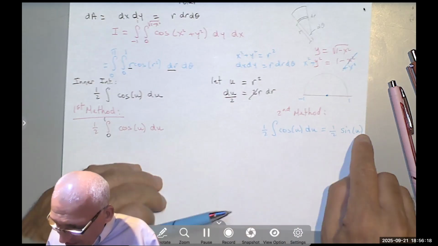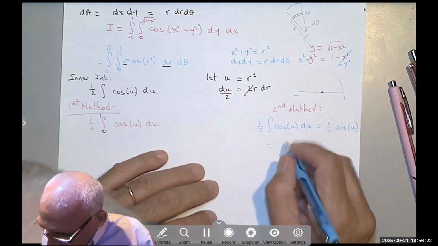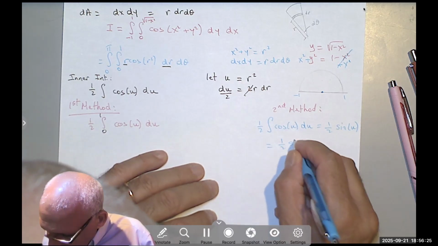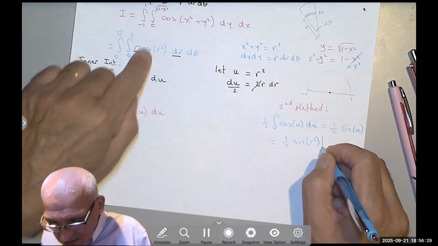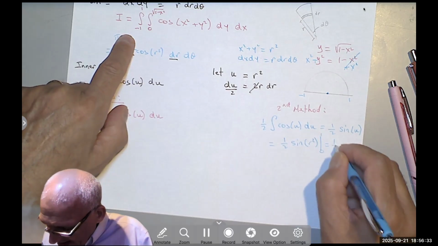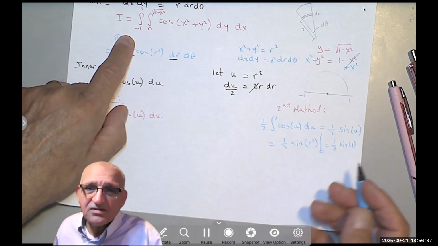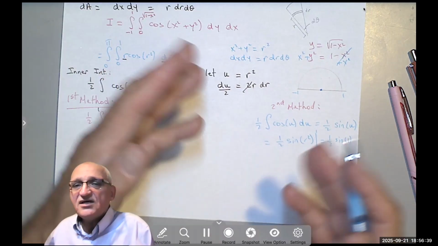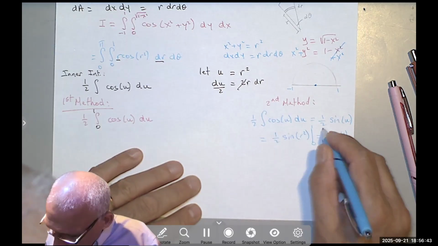And then you say, oh, but u is r squared. So that becomes 1/2 sine r squared evaluated, look at the r from 0 to 1. So you'll get 1/2 sine 1 minus sine 0, and since sine 0 is 0, it's 1/2 sine 1.